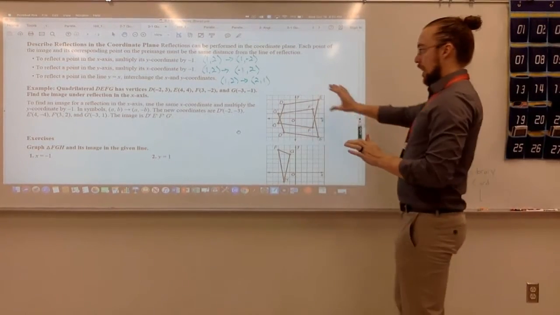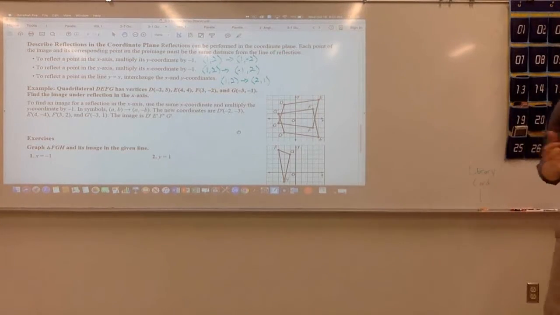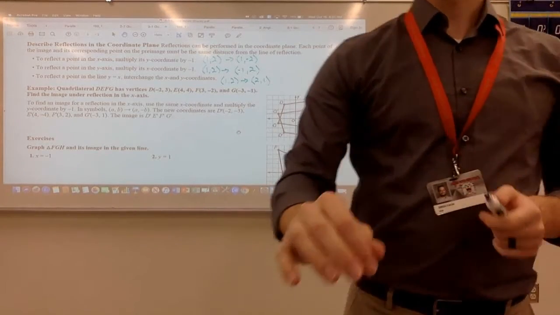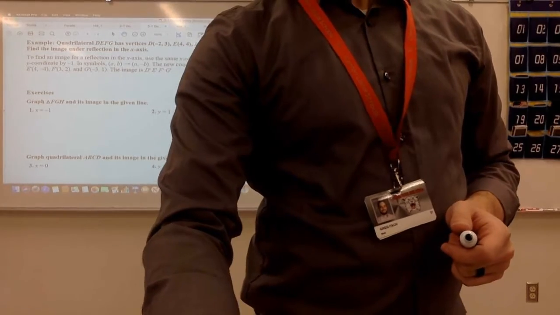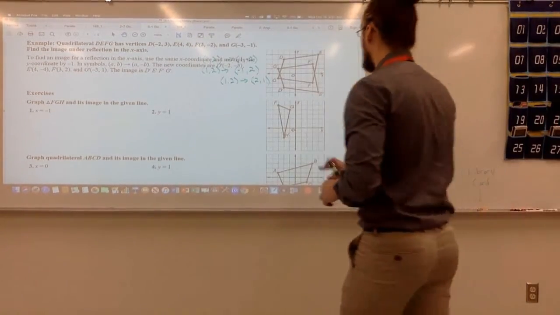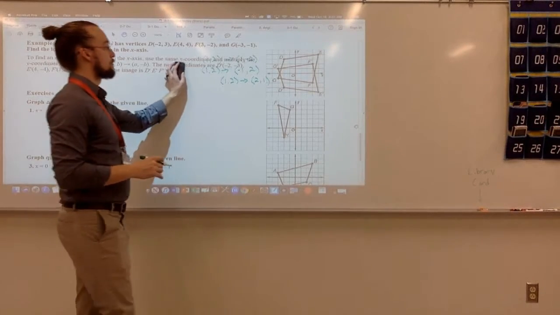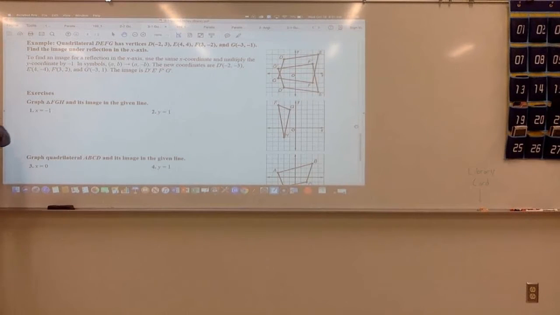But I actually don't even like using these rules. I think it makes a lot more sense if we just do it on the graph. If we look at this example that's done for us up here, they say take this quadrilateral and reflect it across the x-axis.